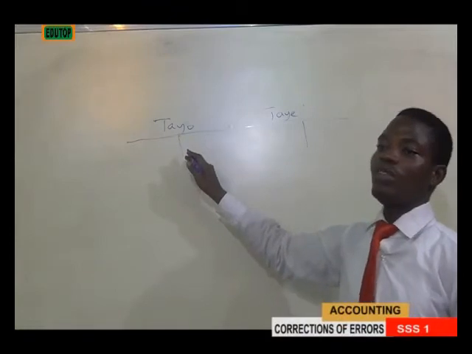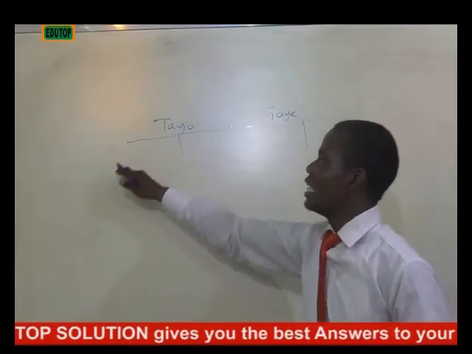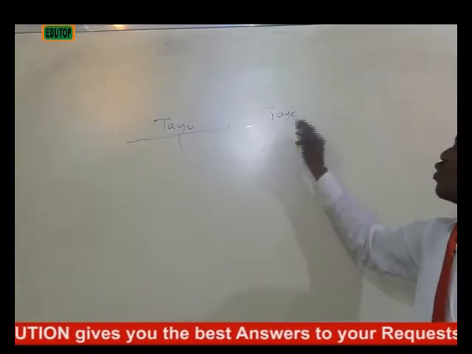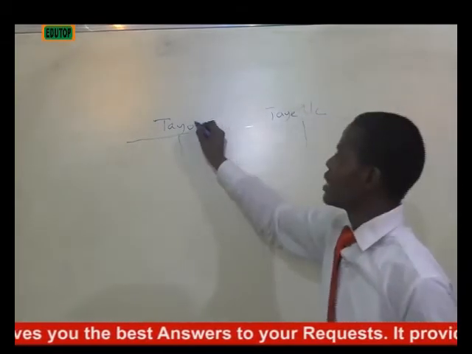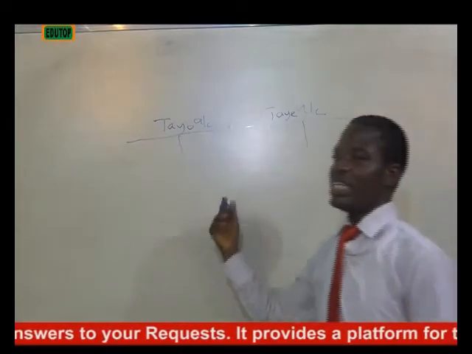They were supposed to enter it in Tayo's account, and then they mistakenly transferred it into Taye's account. This is how it looks. Then we will correct the error.